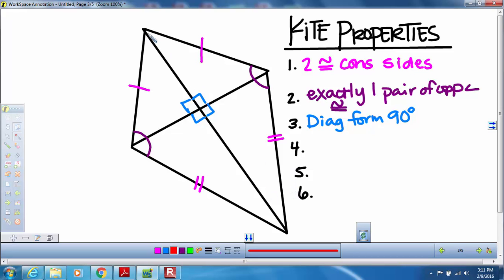Now, if we look at our diagonals here, you can kind of tell which one's bisected. If you look at this long one, we see that this piece is obviously a lot shorter than this piece here. So it has to be this diagonal right here that's being bisected. So this piece is congruent to this one. So in the fourth property, we want to put 1 diagonal is bisected.